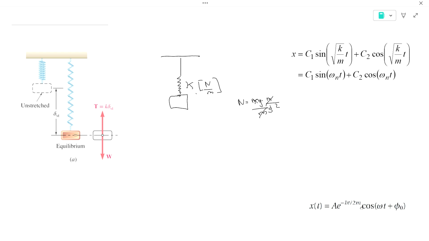So the constant k is really kilograms, the mass, over second squared. And this mass is going to be given in SI, so usually kilograms.